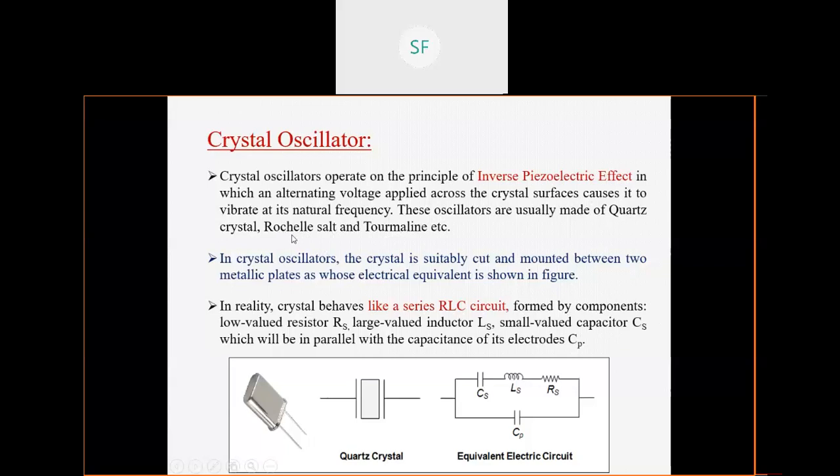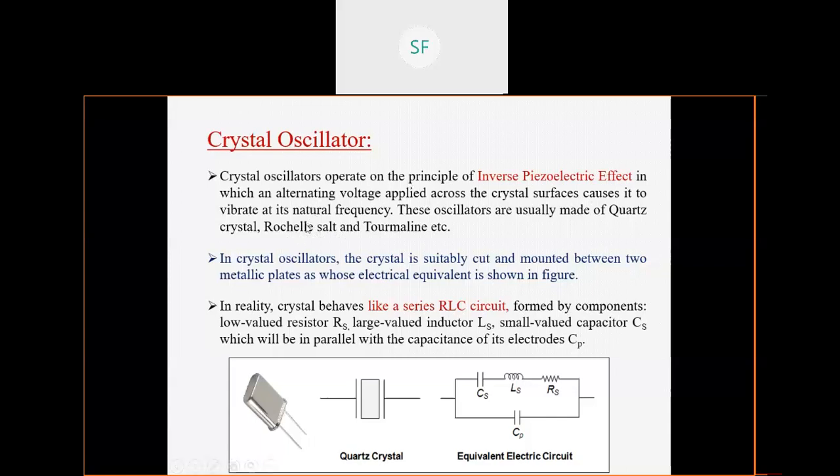Rochelle salt has a very good piezoelectric property, but we are not using it. Why? Because its strength is very poor.